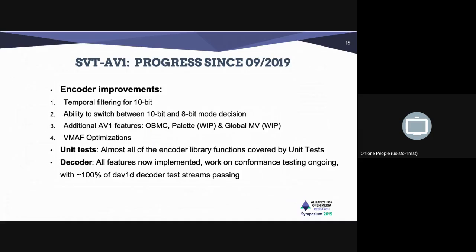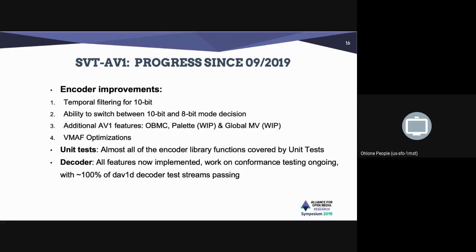Also, we added the ability to switch between 10-bit and 8-bit mode decision, as well as some standard features such as OBMC, palette, and global motion vector, which are almost done. I mean, we achieved the expected bit rate gain, but now they are in the optimization phase. Also, we did some VMAF optimization.